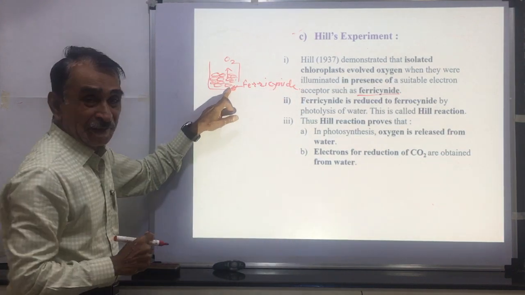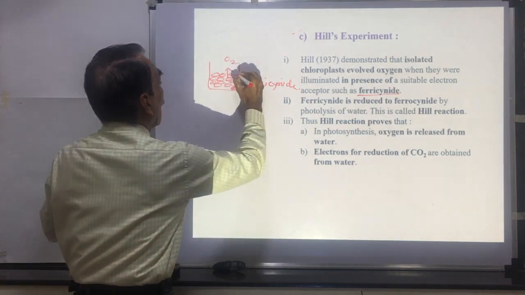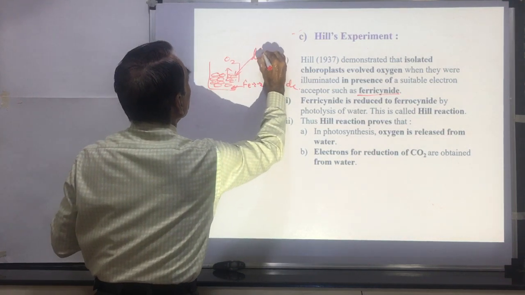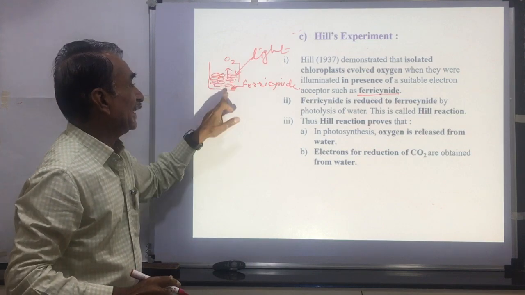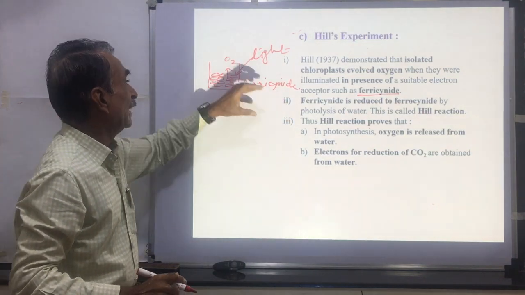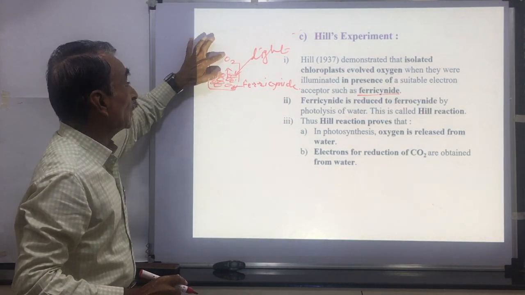Here there are isolated chloroplasts, light is supplied, ferricyanide is supplied, and there is evolution of oxygen.